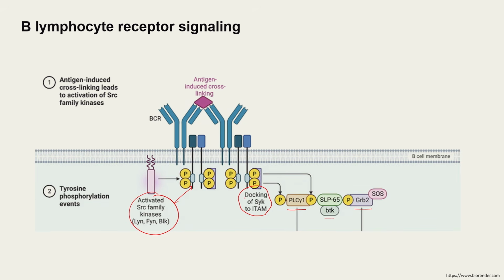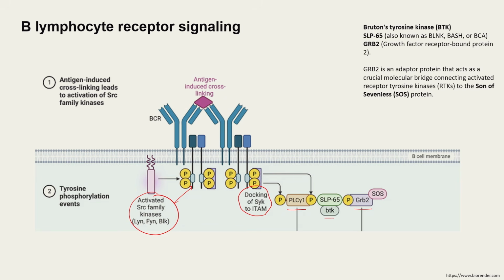So once the ITAM molecule is phosphorylated by SRC kinase, the SYK protein will come and do a phosphorylation cascade further. So let's look into these important kinases which we have listed here. BTK is actually Bruton tyrosine kinase.